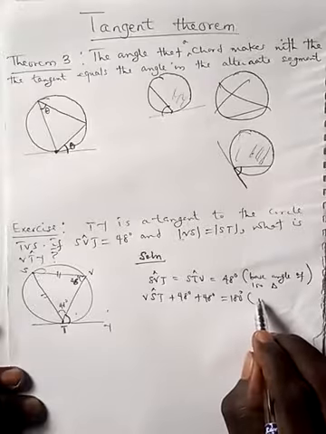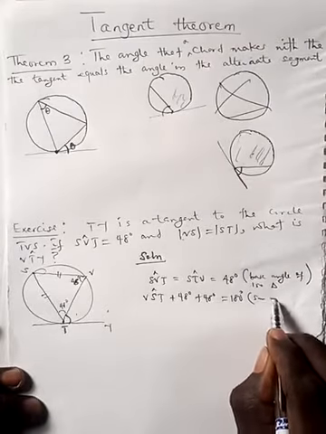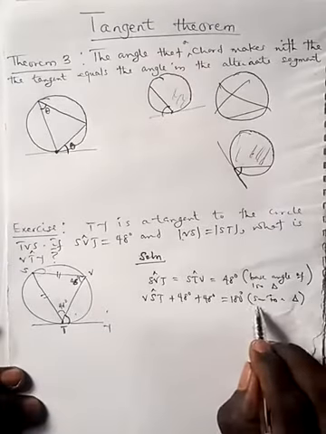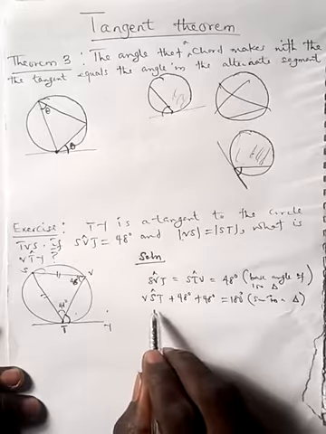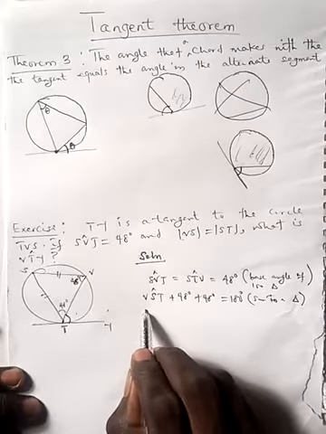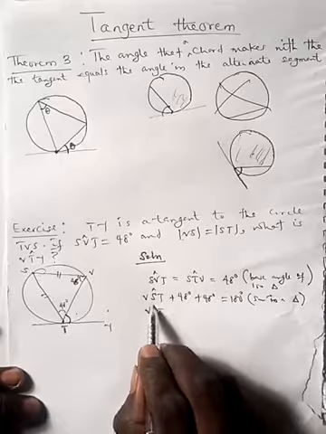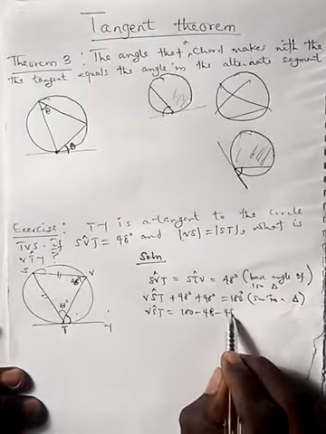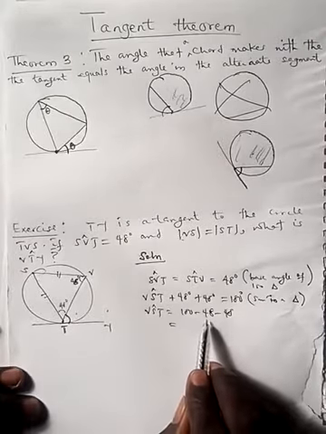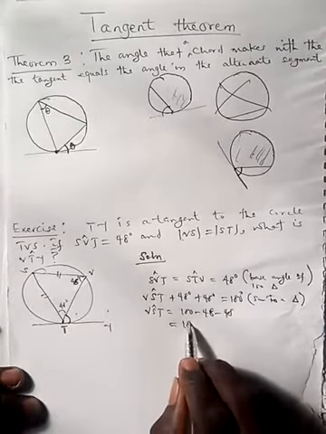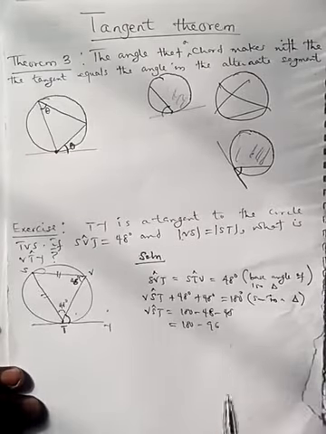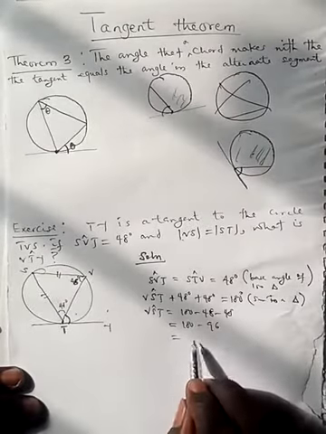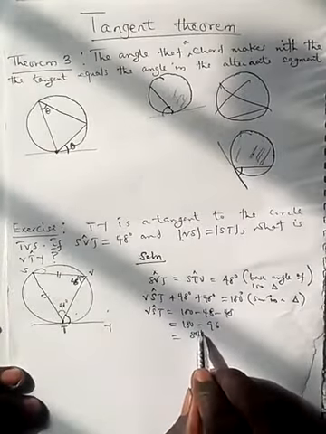The reason is that the sum of angles in a triangle is 180. That makes VST equal to 180 minus 48 minus 48. So 48 plus 48 should be 96, if I'm correct, and then 180 minus 96 should be 84. I think I'm correct.